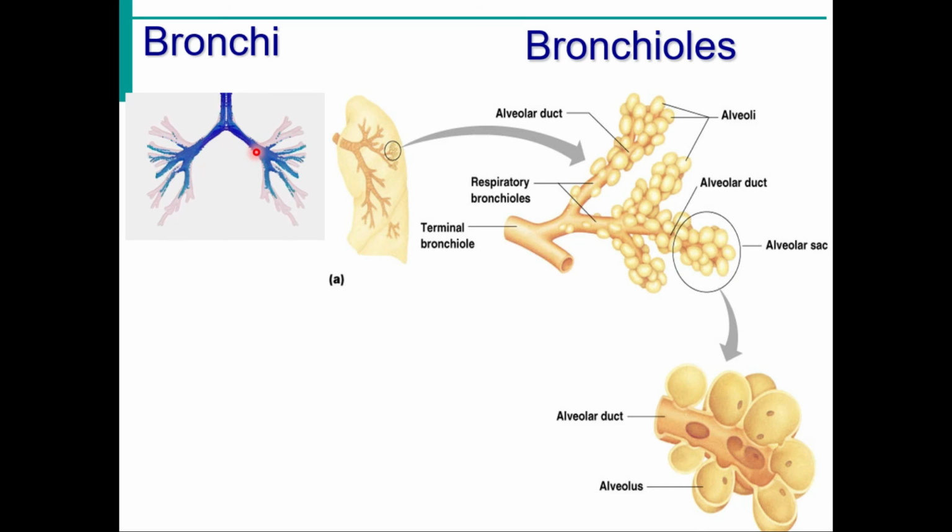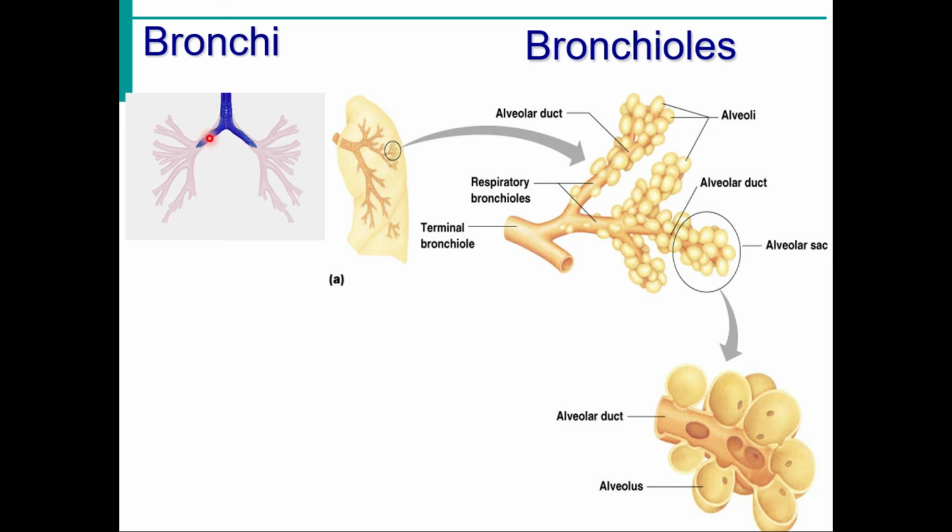The left main bronchus passes inferolaterally to enter the hilum of the left lung, while on its course it passes inferior to the arch of the aorta and anterior to the esophagus and thoracic aorta. The right main bronchus enters the hilum of the right lung.